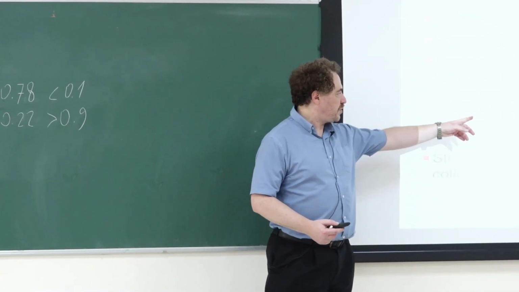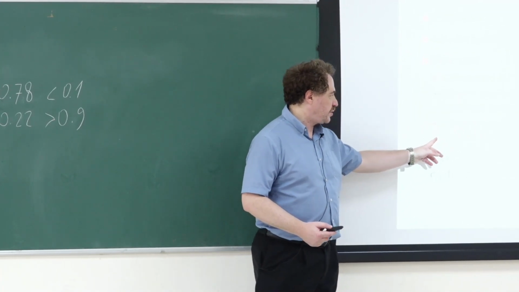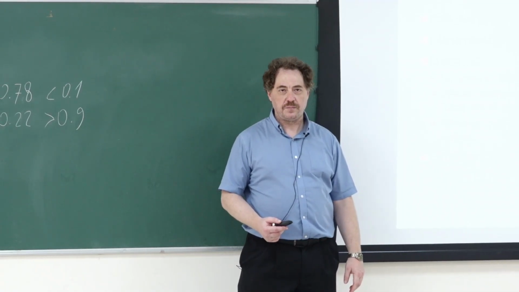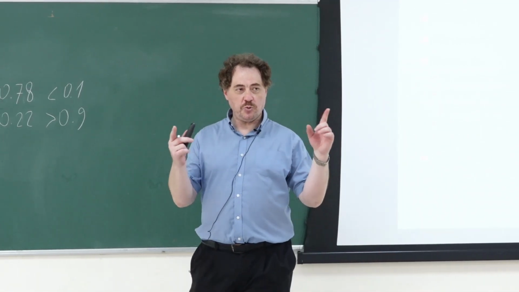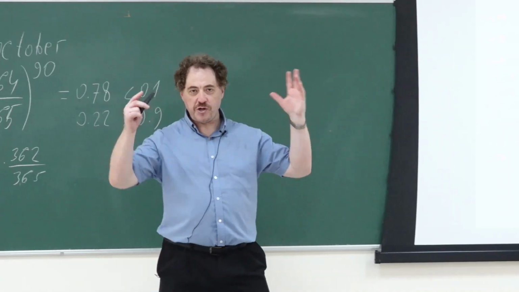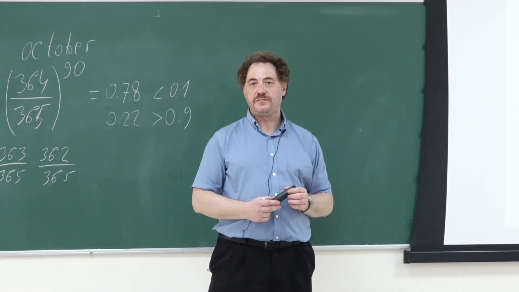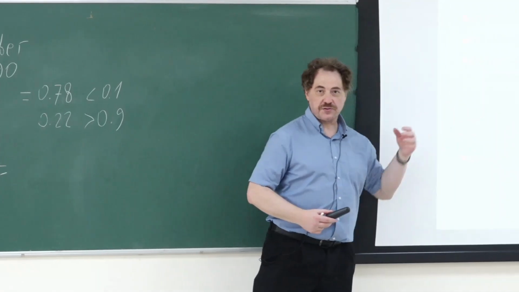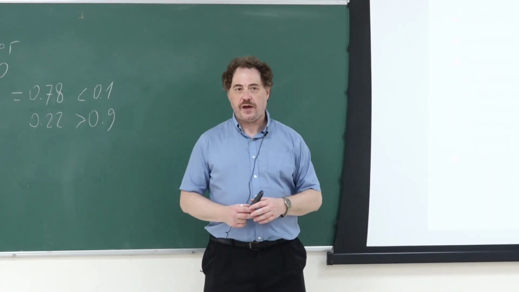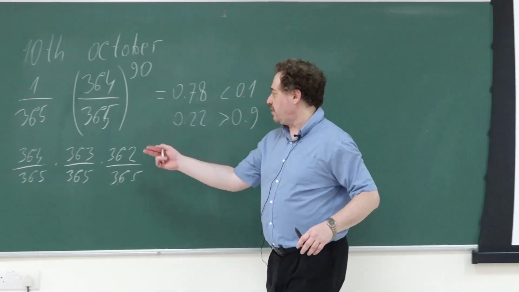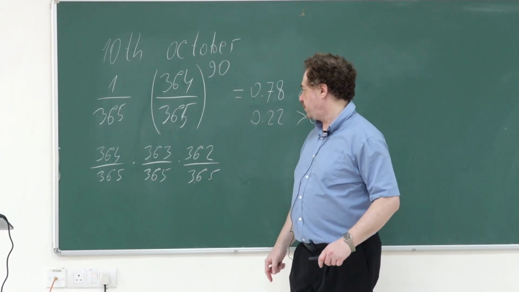Strong collision resistance means it's difficult to find two inputs that hash to the same value. So if there are two input values that hash to the same value, there's a problem, according to strong collision resistance. And the probabilities are calculated in the same way as in the birthday paradox.